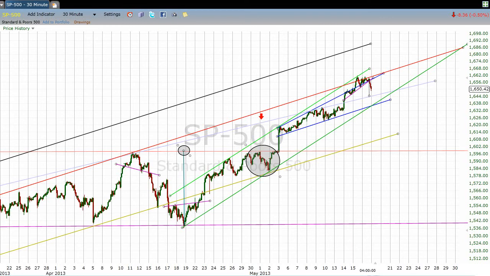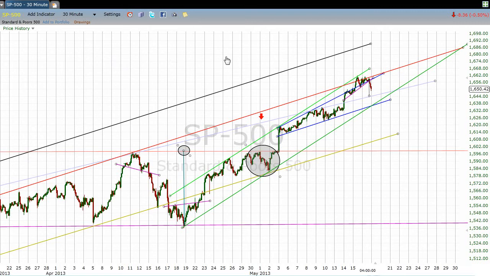Okay, we're looking at a 30-minute chart, and it sure looks like this red line that we have been looking at for a while is at least providing some resistance for now. This was a fairly, what's a good way to put this?